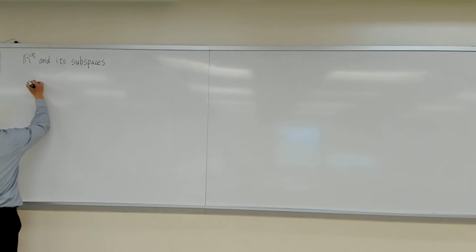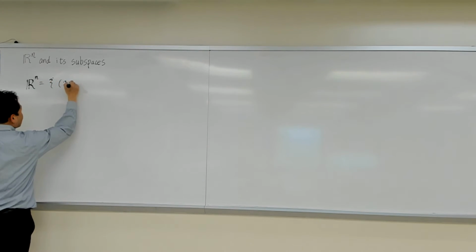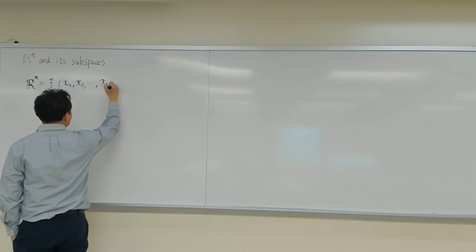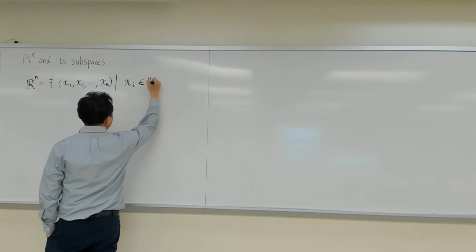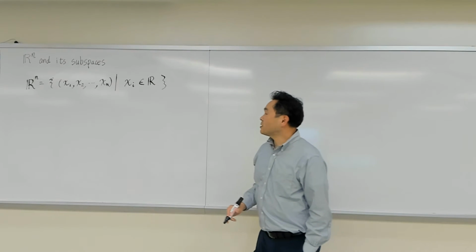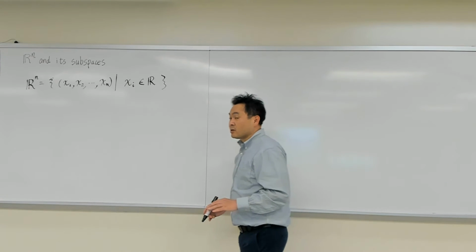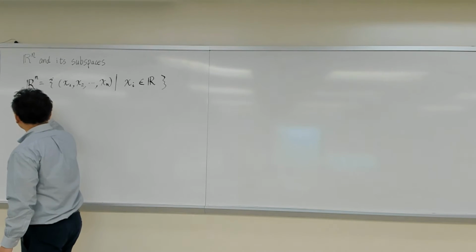What is Rn? Rn is a set of real numbers written as coordinates, right? So an example is R2. What's R2?